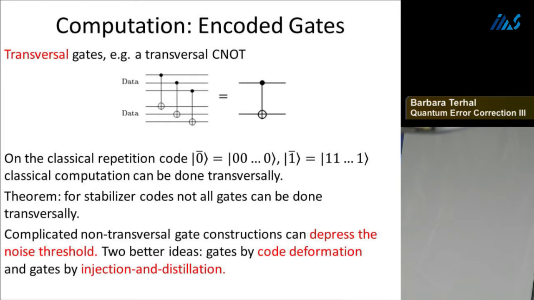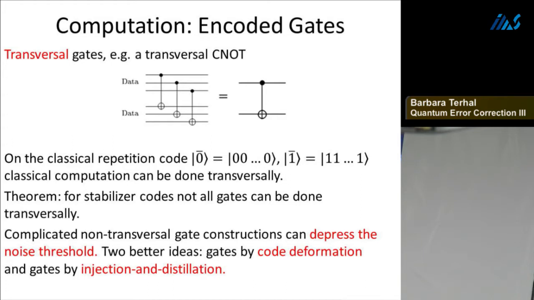But there is a theorem that for stabilizer codes, not all gates can be done transversally. So you need other constructions to do certain types of gates, and with these constructions you'd like to minimize the cost in terms of overhead and in terms of noise threshold. The problem is that complicated non-transversal gate constructions can depress the noise threshold because they involve many circuits with many locations where errors can happen.